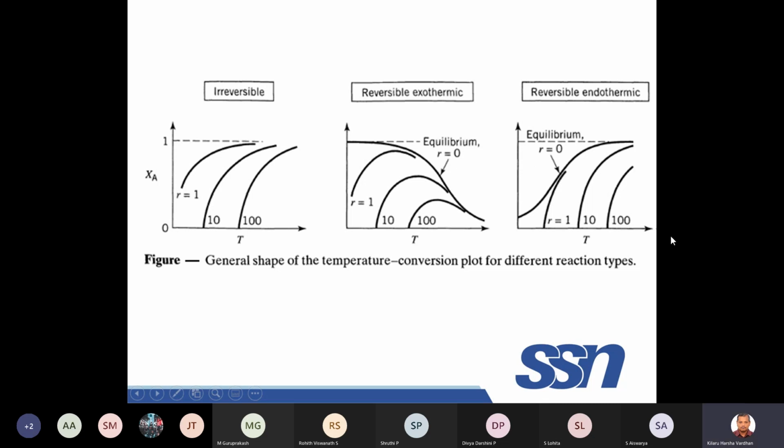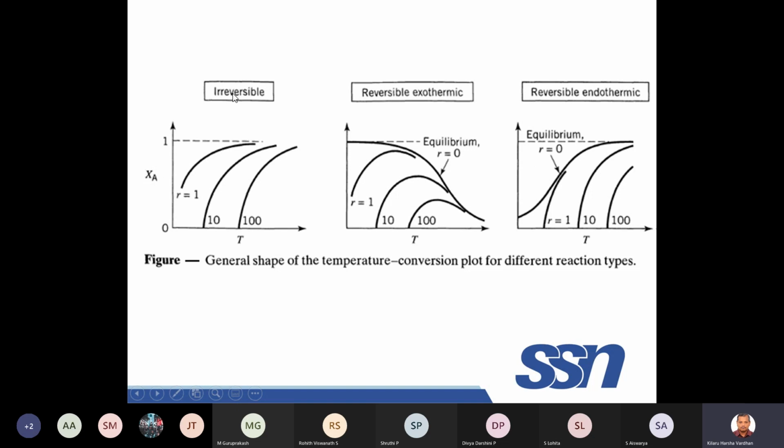So from this we can understand that for an irreversible exothermic or endothermic reaction, if you want to get a high rate or high conversion, it is always better to keep your temperature at its maximum. So high temperature will give you high rate and high conversion.